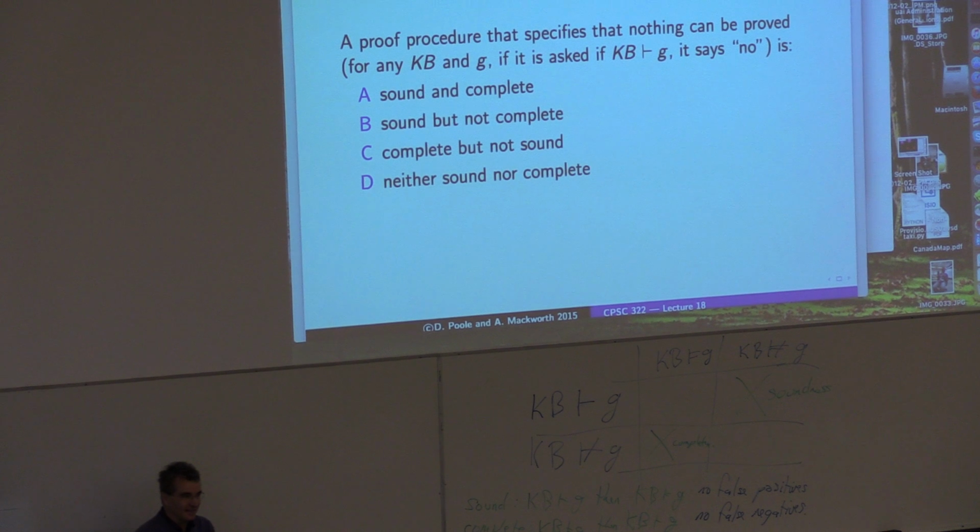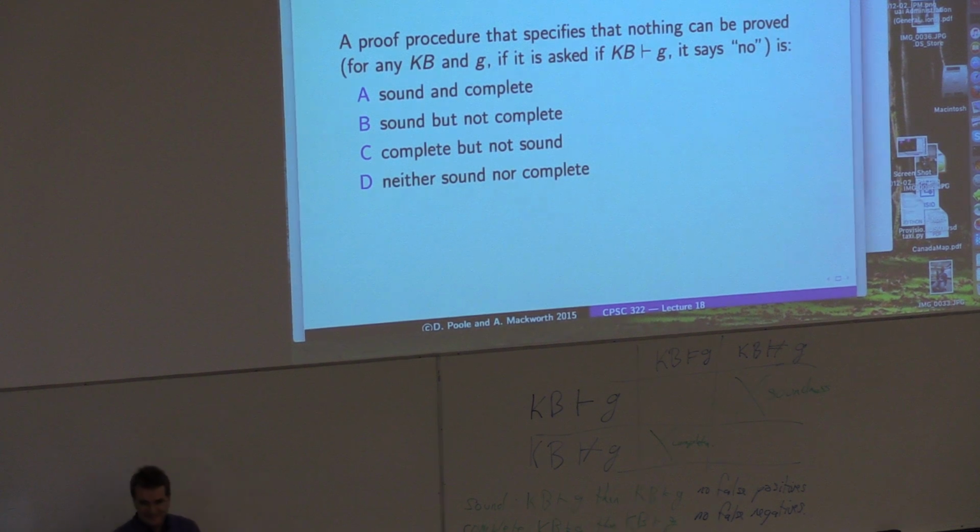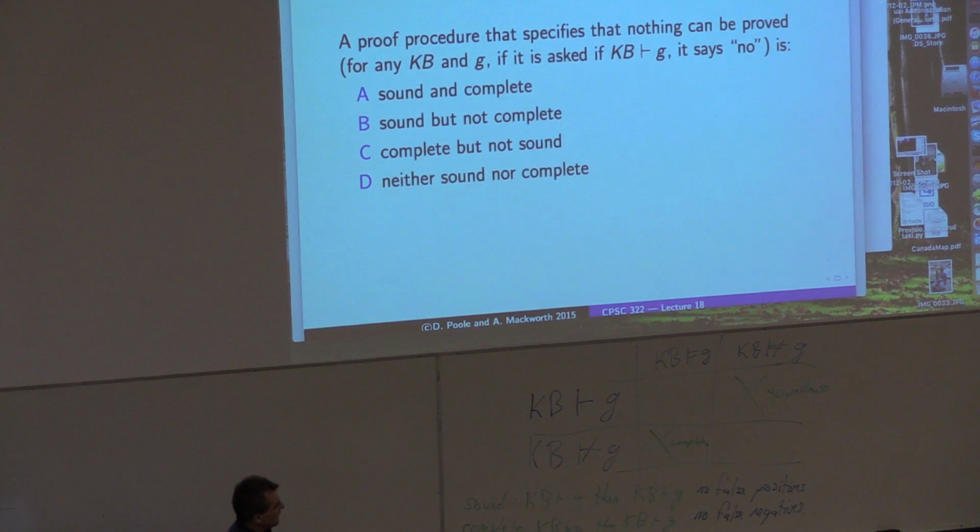It can't prove anything. Is it sound and complete, sound but not complete, complete but not sound, or neither sound nor complete? So it always says no. You can't prove anything.